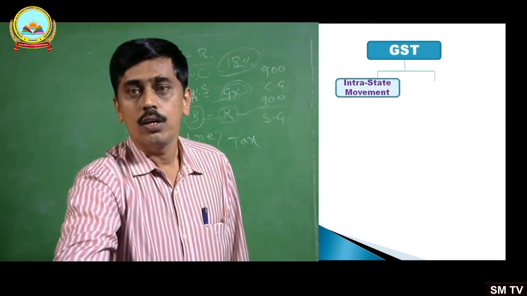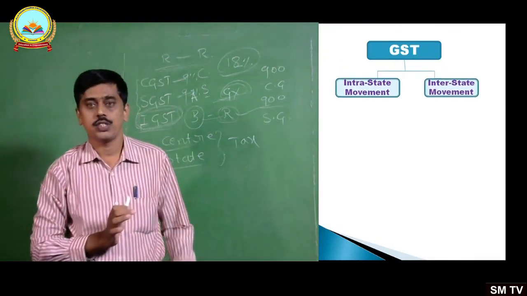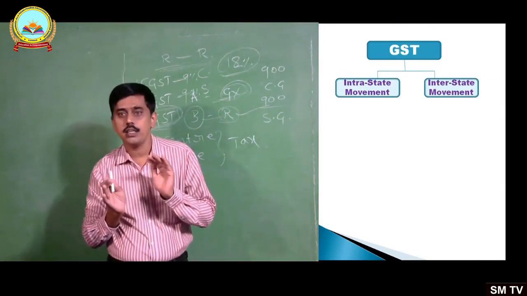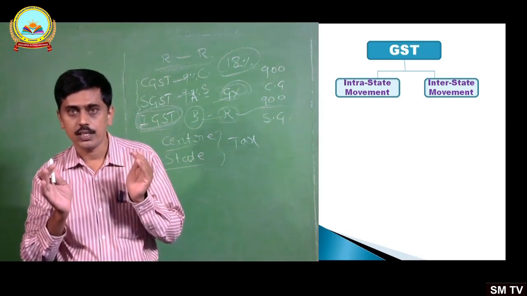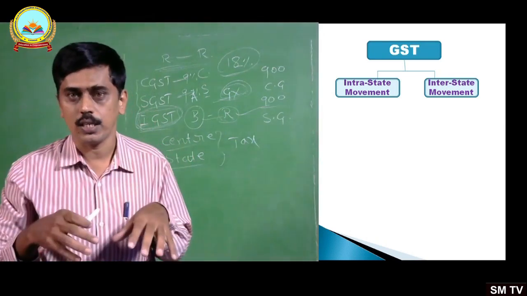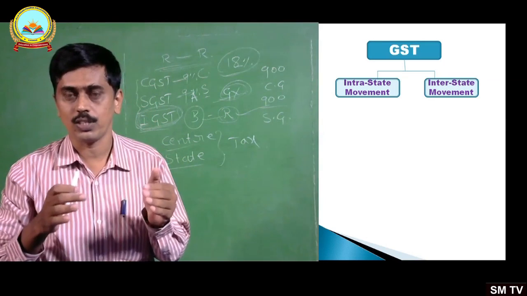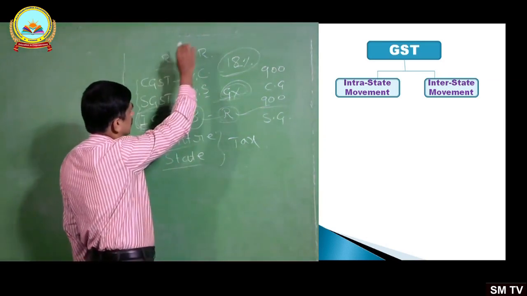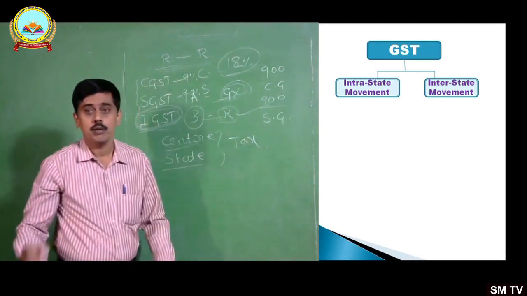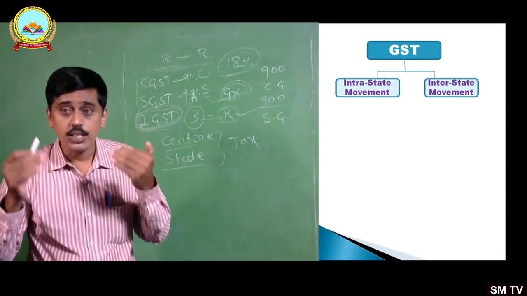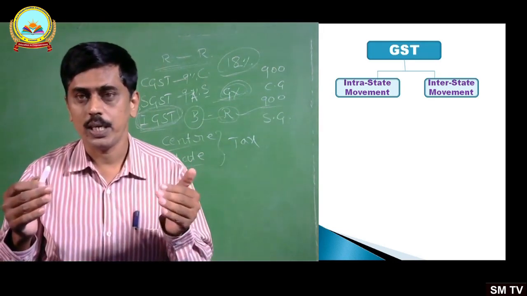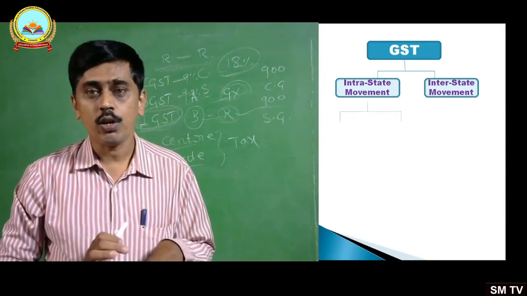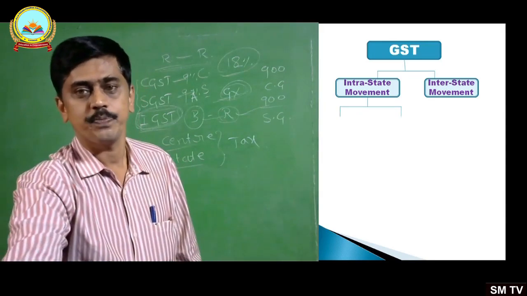There are two types of transactions here: intra-state transactions and interstate transactions. Intra-state means within the state. Intra-state movement of goods and services. If it is within the state, Ramesh of Karnataka, Rajesh of Karnataka, what is it? It is intra-state movement. And the other one is interstate movement.